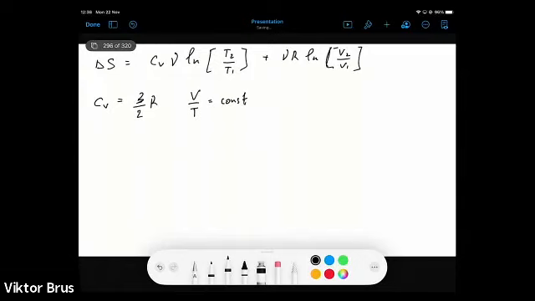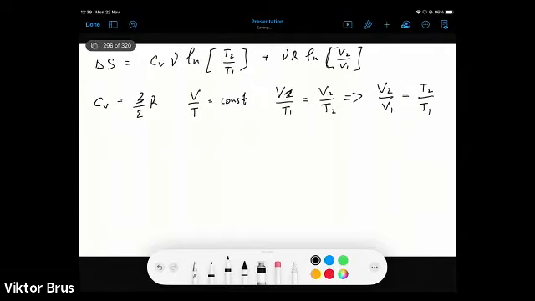So we actually can write that V1 divided by T1 should be equal to V2 divided by T2. Or from here, we can write that V2 divided by V1 should be equal to T2 divided by T1.